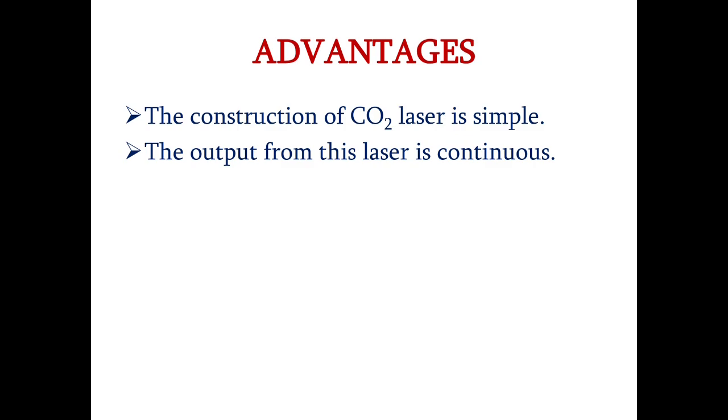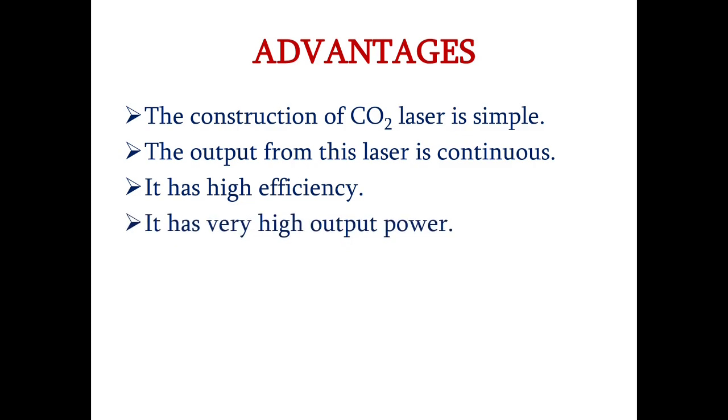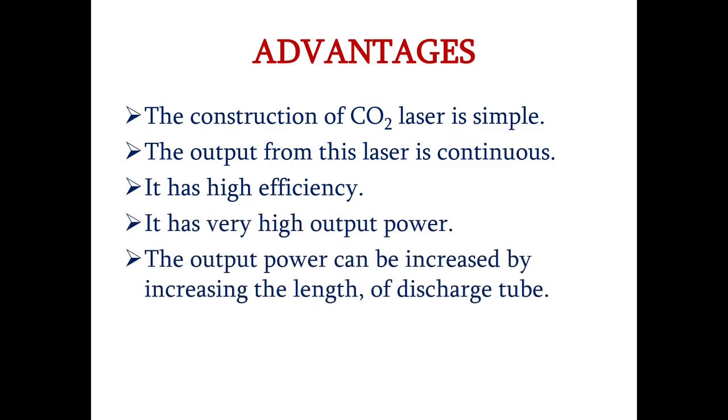During this laser action, a large amount of heat energy is generated. To cool the discharge tube, we have helium gas. The main advantages of using carbon dioxide laser are that the construction of the laser is very simple, and we get a huge output from the laser, and it is continuous also, whereas other solid state lasers give pulsed outputs.